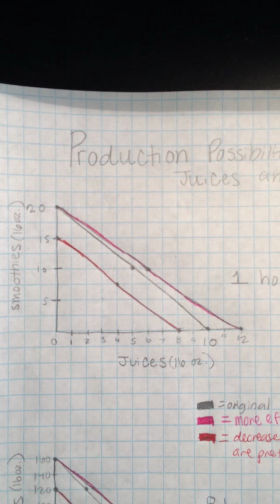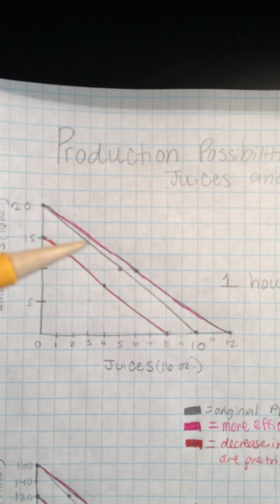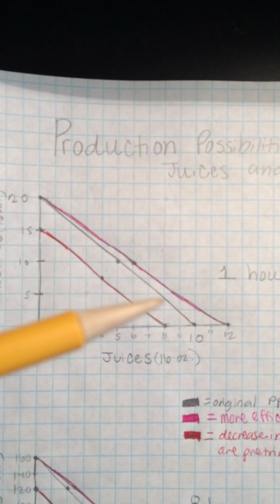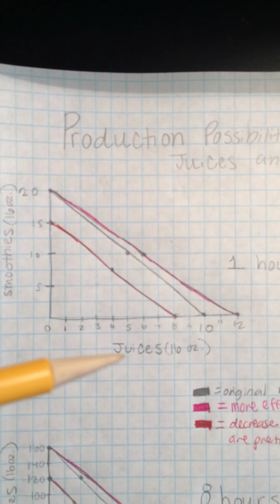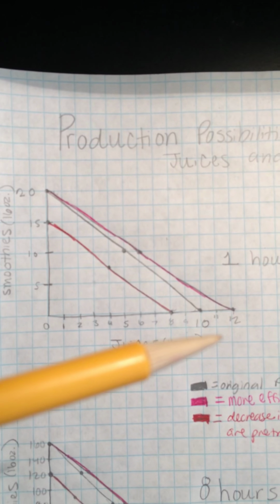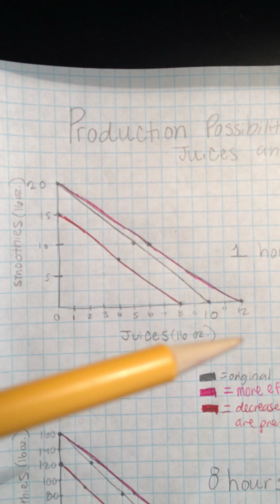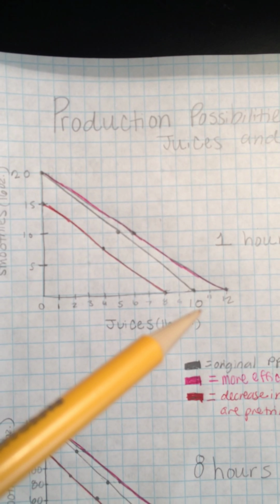So over the course of 1 hour, you will see that the pink line represents the increase in technology for the juicer. However, this only affects the production of juices because I use a blender for making smoothies instead of a juicer. So with this increase in technology, I am now able to produce 12 juices over the hour instead of 10.